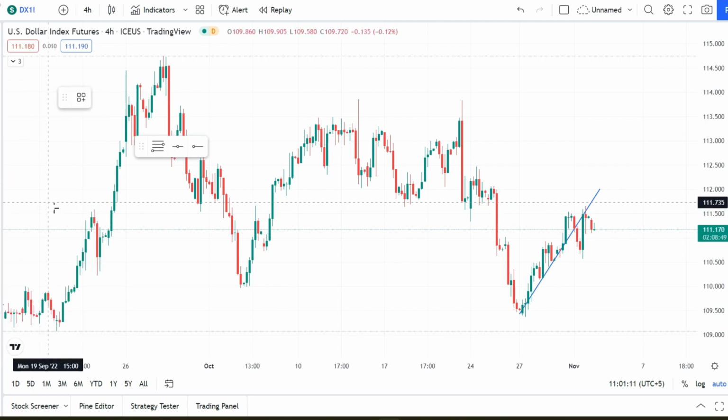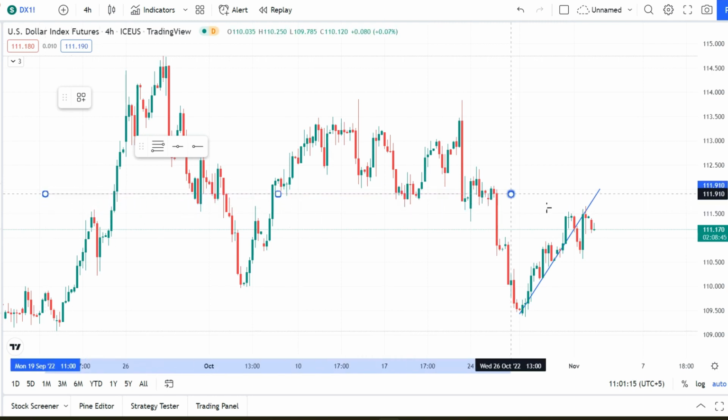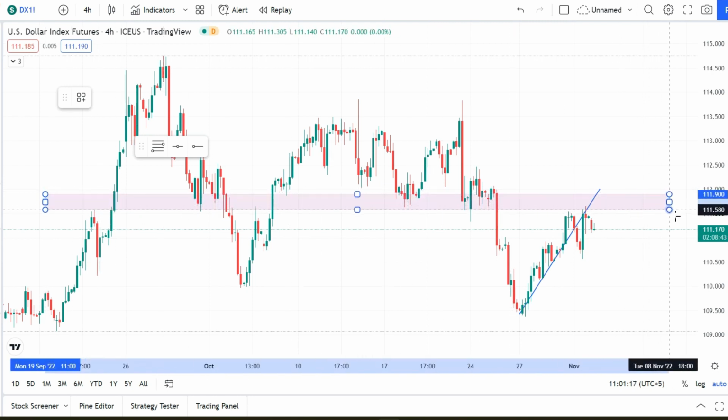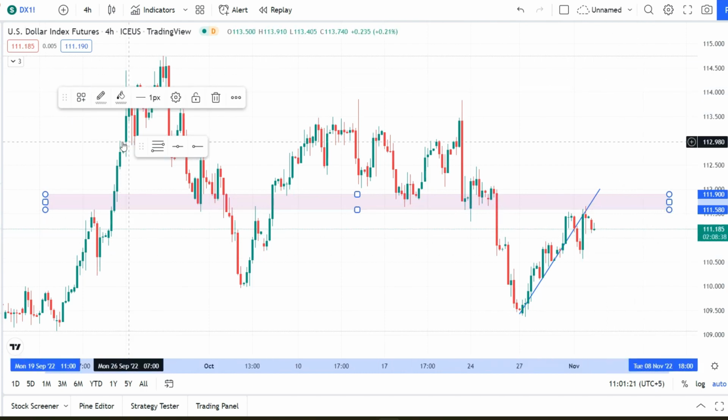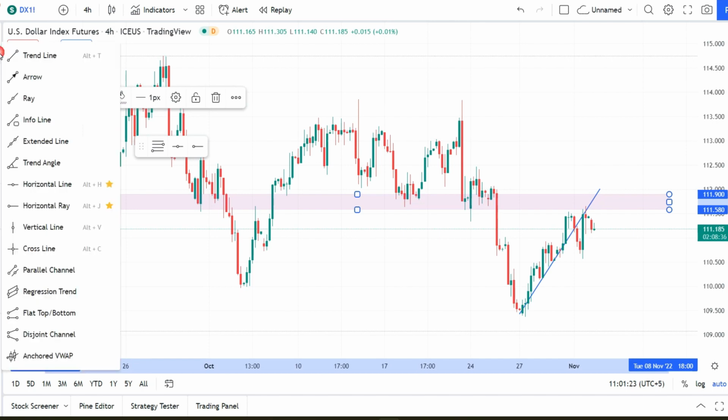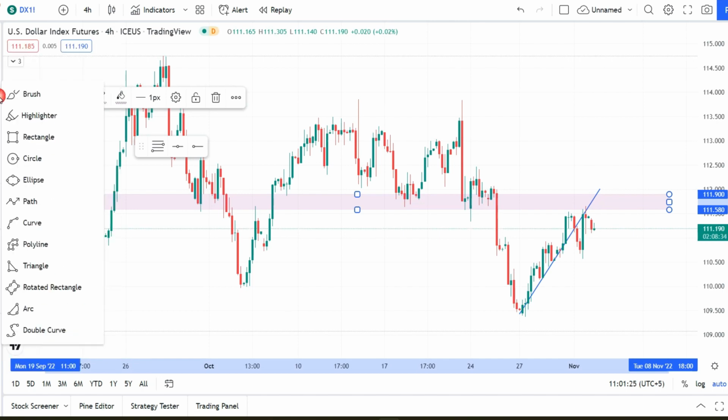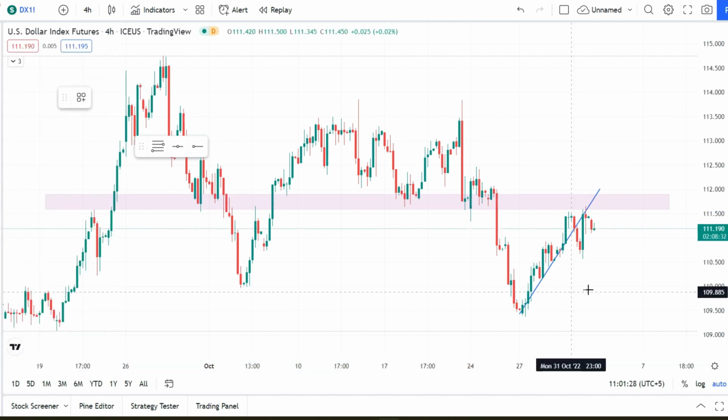This is a very important area, and you also have to mark it on your chart. If the dollar is able to break that area, then you only have to be worried that it will try to impact, or that it will be bullish in a few scenarios.